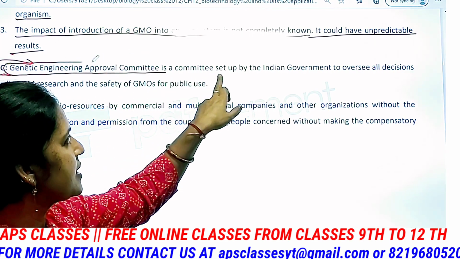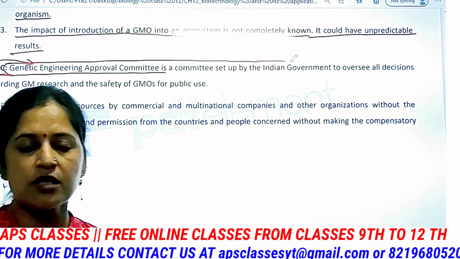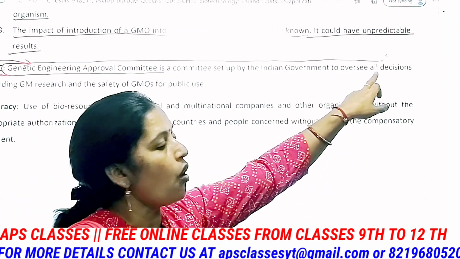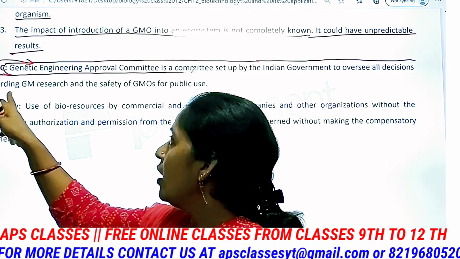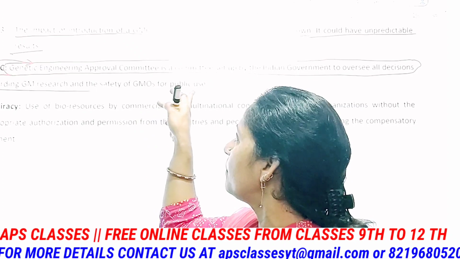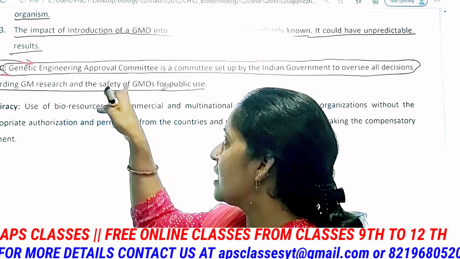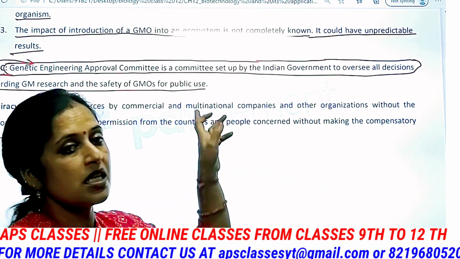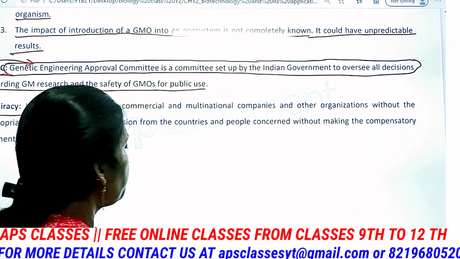It is a committee set up by the Indian government. ये एक ऐसी committee है that is set by the Indian government to oversee all decisions, जो कि oversee करती है all decisions regarding GM research and the safety of GMOs for public use, regarding genetically modified research as well as the safety of genetically modified organisms, that is for public use.